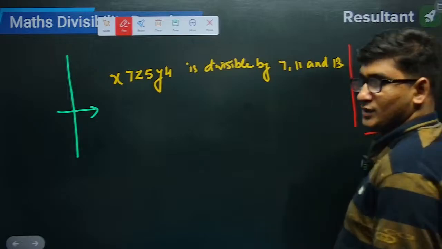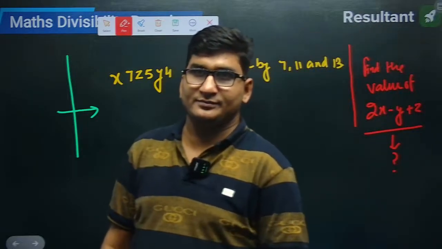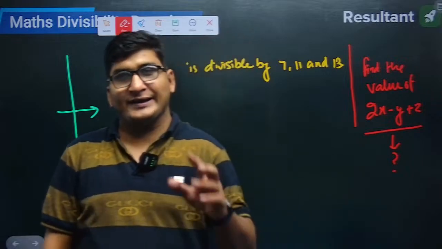Find the value of 2x minus y plus z. Please solve it. It's a very simple question.